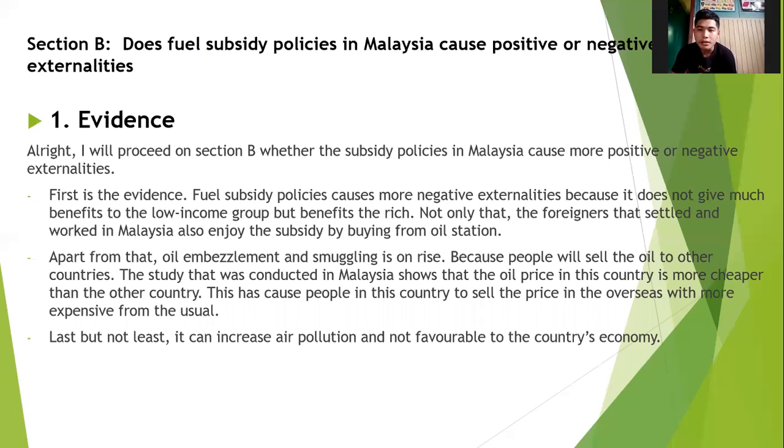Not only that, the foreigners that settle and work in Malaysia also enjoy the subsidy by buying from oil stations. Apart from that, oil embezzlement and smuggling is on the rise because people will sell the oil to other countries.